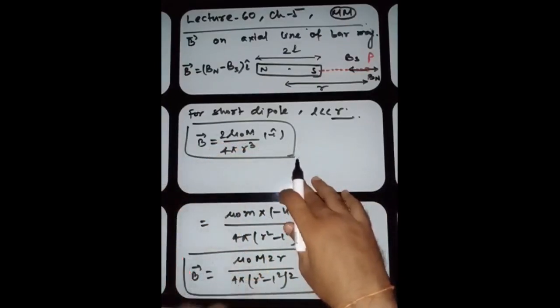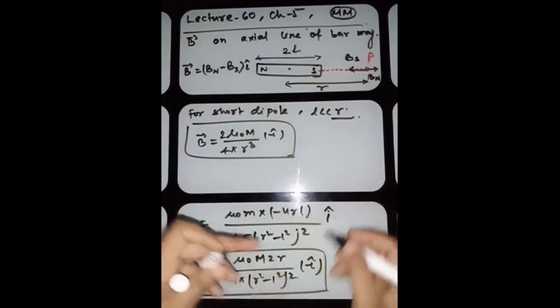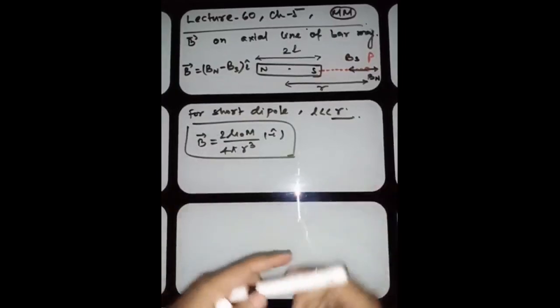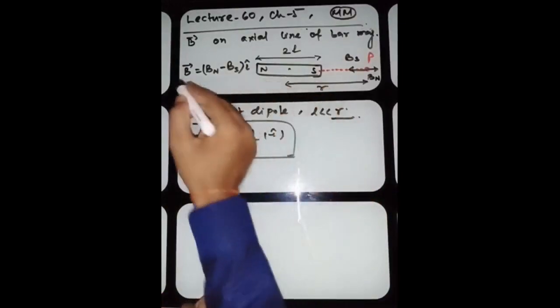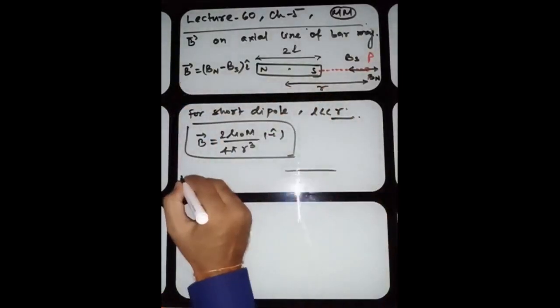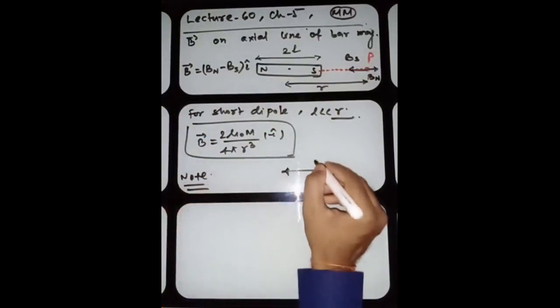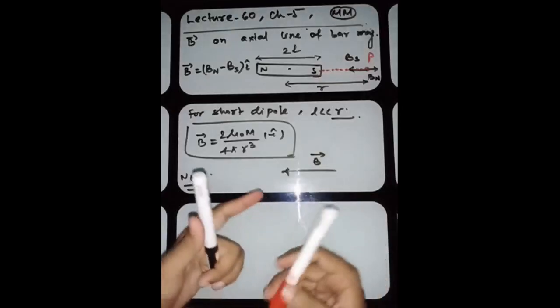Remember this result. And the next thing, try to visualize, my dear students. Here we are getting the magnetic field in this direction B. And what is the direction of the dipole moment?